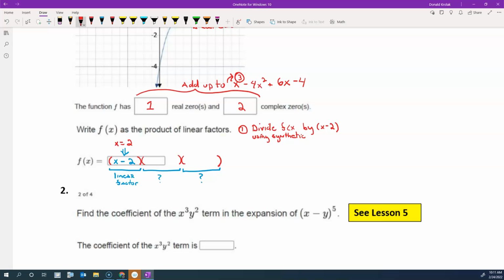So to do that, the root of this is a 2. And then I take my coefficients, which would be a 1, a negative 4, a 6, and a negative 4.